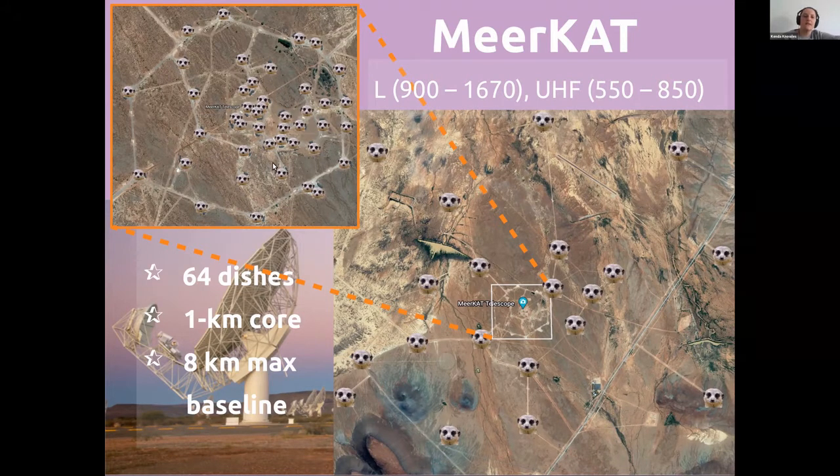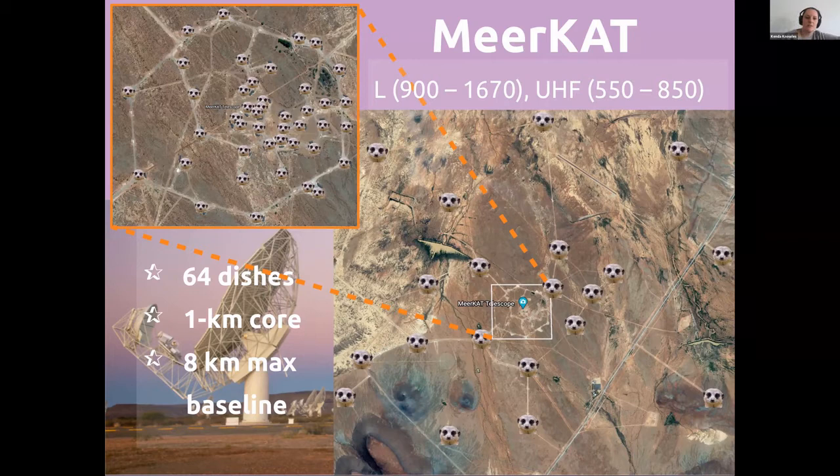I can't remember now, but where most of the antennas lie. So this means you have a lot of short baselines. A baseline is the separation between two antennas. And in terms of interferometry, you have a reverse relationship between distance between antennas and the scale on the sky to which you are sensitive.